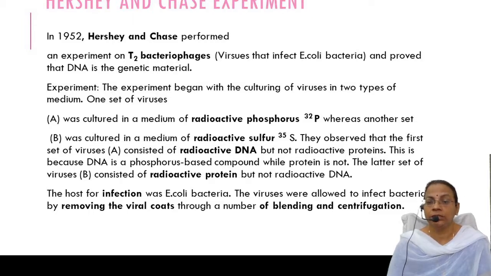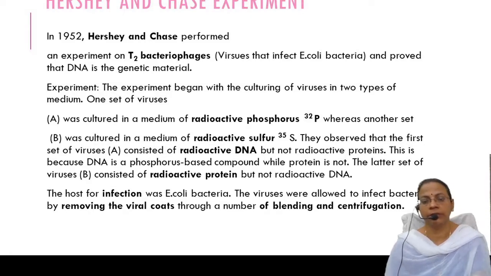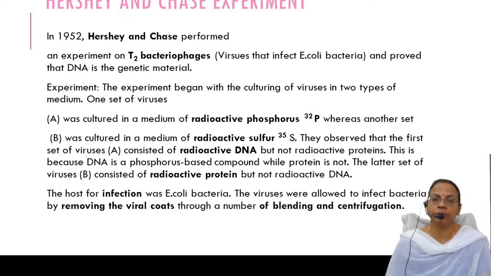Here they selected the bacteria E. coli. So they selected two cultures of E. coli, and the first one they named A, the other they named B. In the first one, they took the T2 bacteriophage, which contains only two components, protein and DNA.